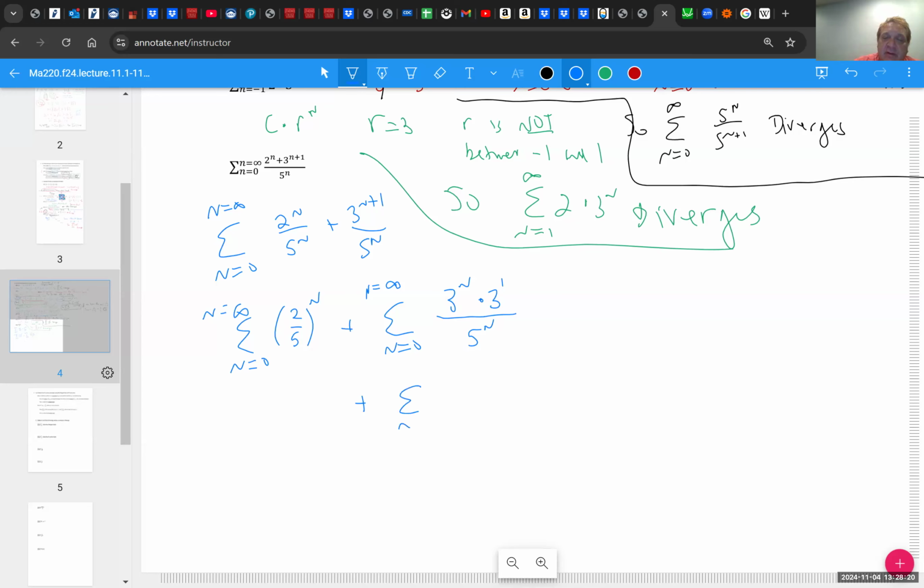So this is the sum of 3 over 5 to the n times 3. And if you don't mind, I'll put the 3 in the front instead of in the back. I could do that because multiplication order doesn't matter. And so our second part of the series is just 3 times 3/5 to the n. The first one here is 2/5 to the n.